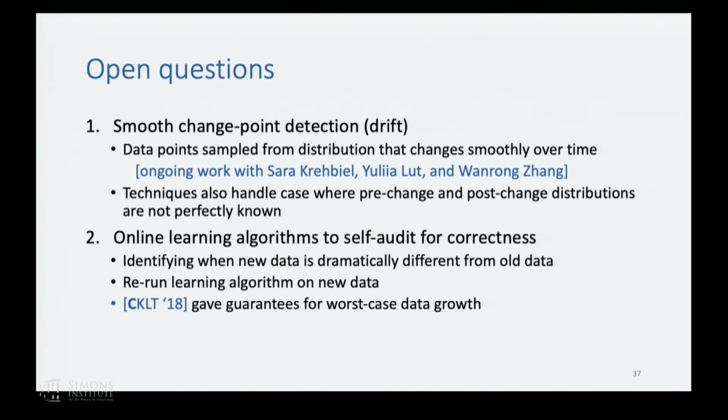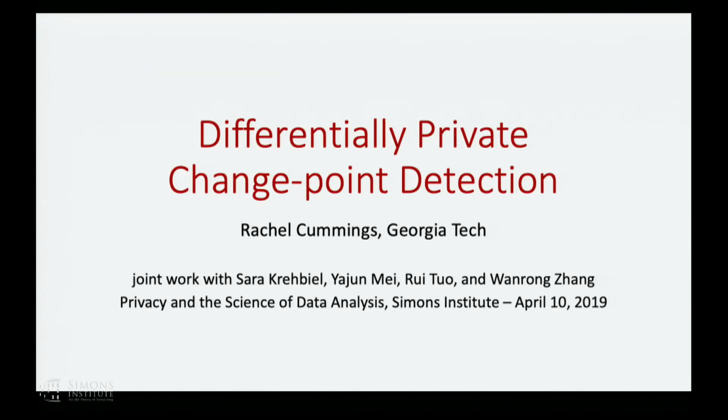I think I need to retrain my classifier. And in this past NeurIPS with Tara Crable and with two other grad students at Georgia Tech, we did this for worst case adversarial data growth. But of course, if you think your data are not going to change very often, then you can probably do a whole lot better in this change points environment. That's it. Thank you.